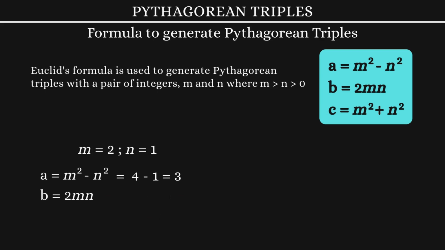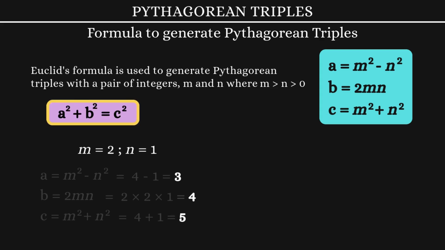B is equal to 2mn, 2 into 2 into 1, and that is 4. C is equal to m squared plus n squared, 4 plus 1, which is 5. So we have the triplet 3, 4, 5. We already saw that these numbers satisfy our Pythagorean theorem.